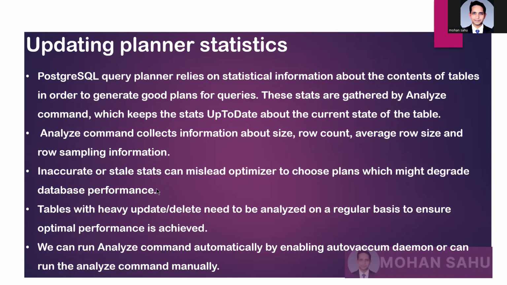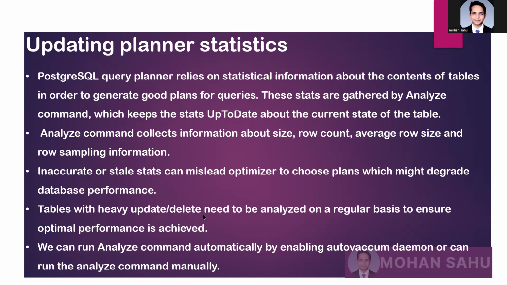And if we have a large table with many dead tuples, or the tables are bloated, then we will not be able to get the correct statistics for the tables, or for that particular database.